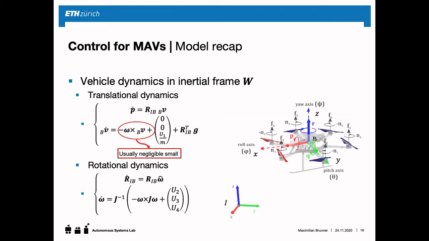We can also already see from these equations that the translational and the rotational dynamics are coupled. We can see this because R_IB, this rotation matrix, appears in the translational dynamics, but also in the rotational dynamics.